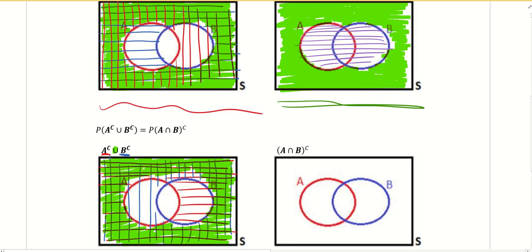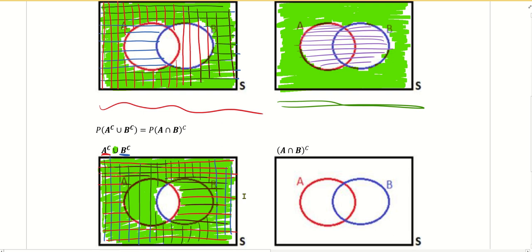But it's also going to be everything that's shaded once. So it's going to be this piece as well, since that's shaded in red, and this piece as well, since it's shaded in blue, right? Because "or", with a union, is everything in A or B or both. So in this case, everything in A complement or B complement or both.